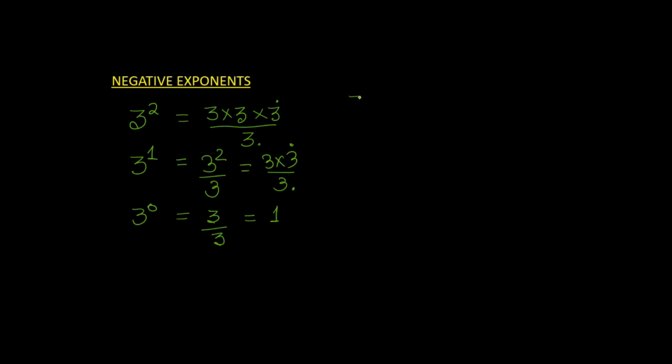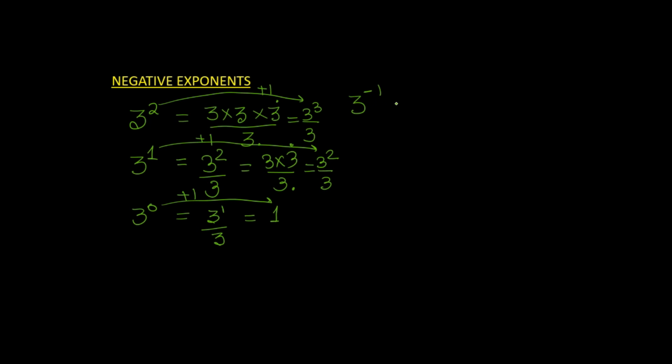Now when we make the power of 3 negative 1, we have seen that in all the above cases 3 to the power 2 was actually 3 to the power 3 divided by 3, 3 to the power 1 was 3 to the power 2 divided by 3, and 3 to the power 0 was 3 to the power 1 divided by 3. So every time we are increasing the exponent by 1 and dividing by 3. The same we will do for 3 to the power negative 1.